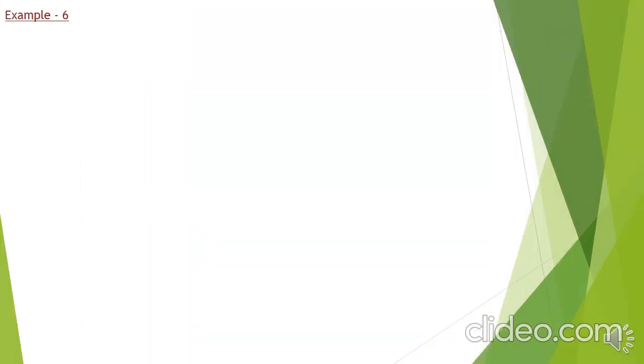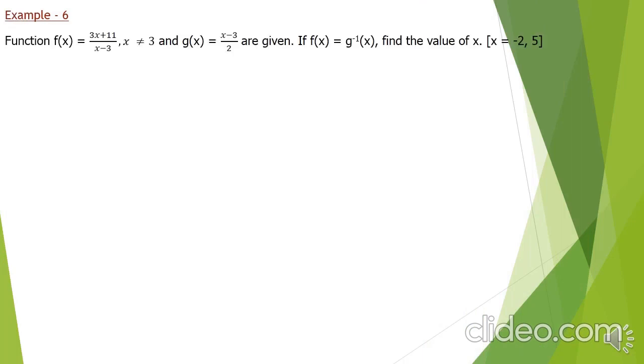Our next example, you can see on your screen. This is our question function. This is an easier question. We just have to find the g inverse and equate it with f of x. So our priority will be to find g inverse. You can see the given function here, and another given function is this. To find g inverse x, we have to find g inverse x first.